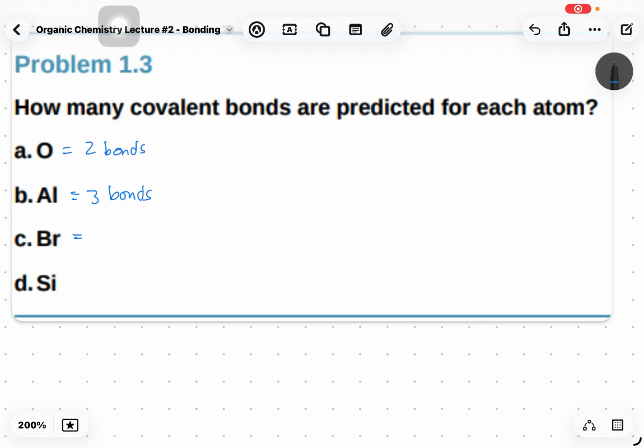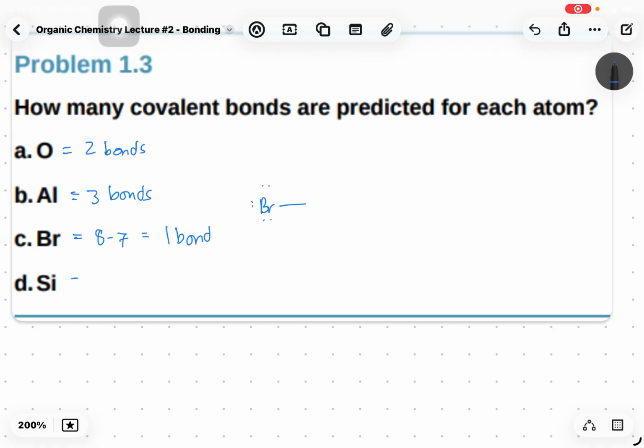How about bromine? We learned earlier that bromine is a halogen, which is in group 7A, which means that it has 7 valence electrons. So we would use the equation. 8 minus 7, it's 1 bond. So normally you would see bromine or any other halogen like this. And that's usually what it looks like in an organic compound.